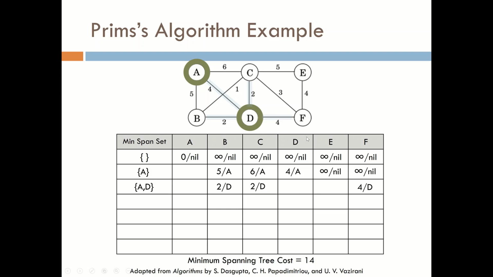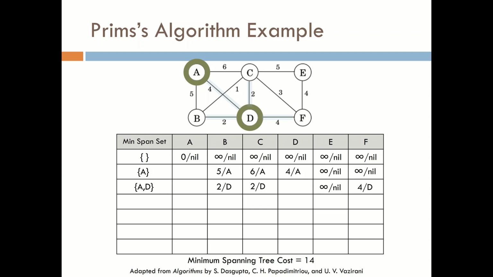And so we do that, and evaluating everything else, that remains at nil, and A and D have already been removed, so those are no longer in the queue, so they're not processed. And this is where we are after this step.